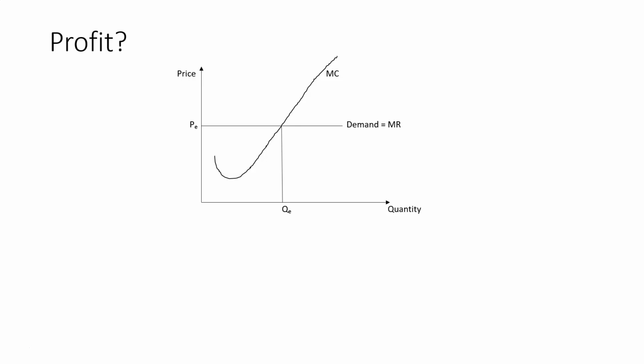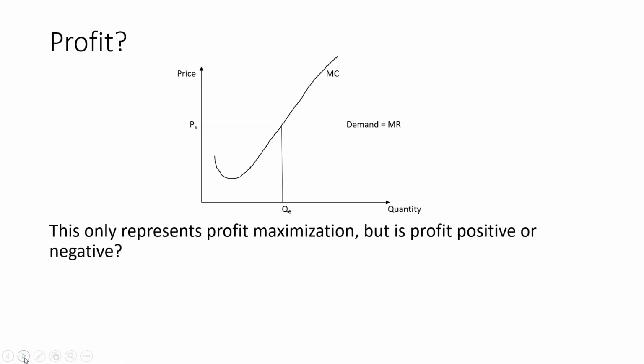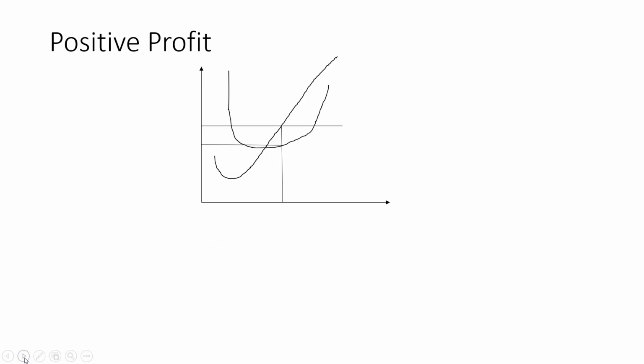There isn't enough information in this picture to make a judgment on whether there's a positive or negative profit. We need more information. All right, so we remember that profit maximization occurs where marginal revenue equals marginal cost.